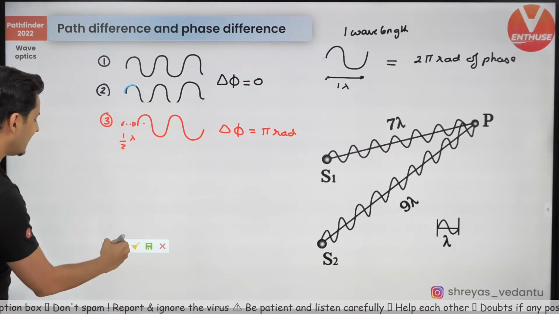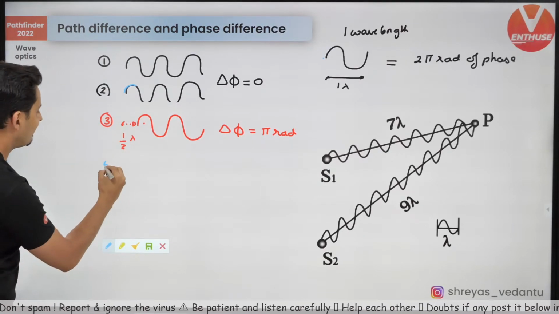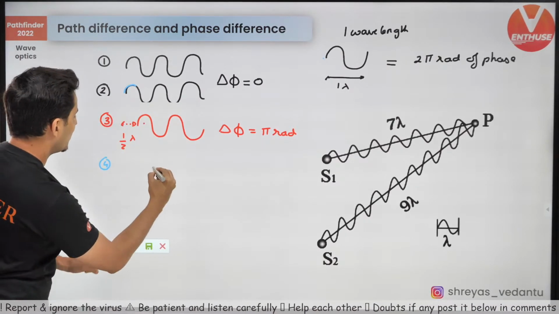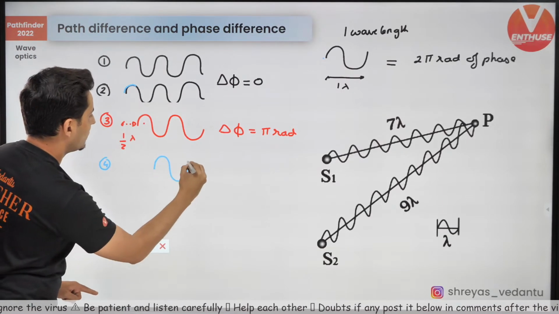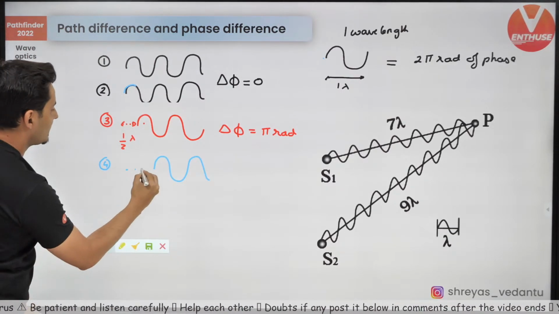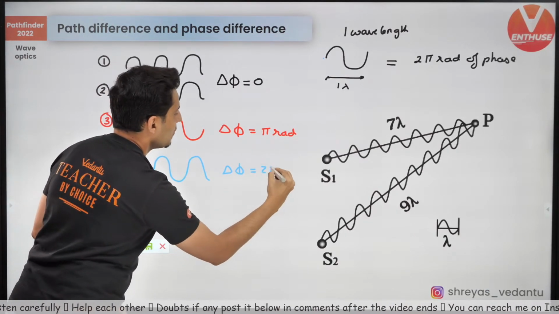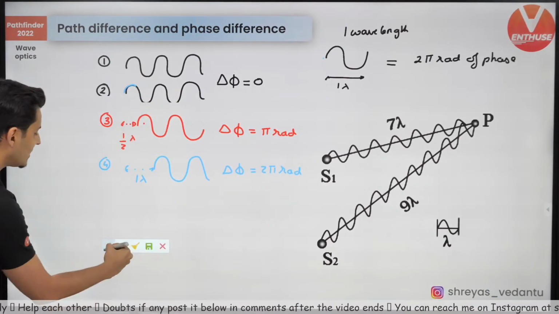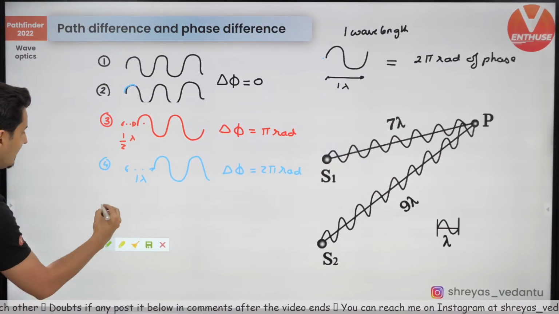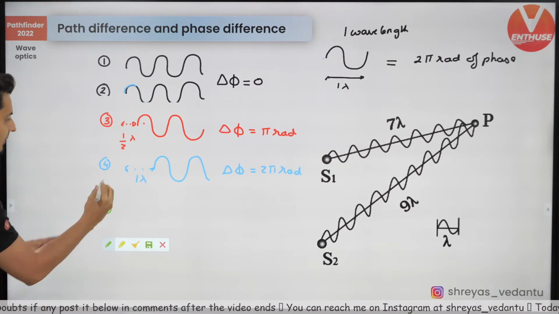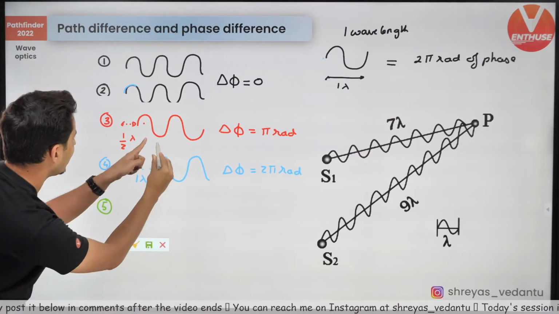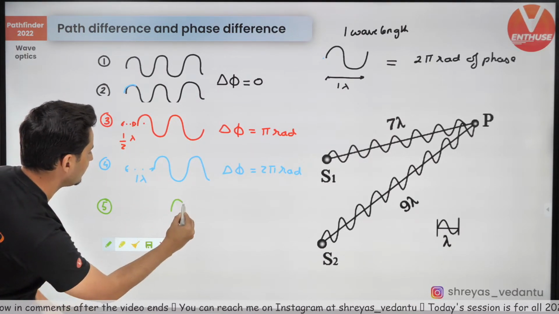If you shift it further by another half wavelength, you get this over here. So this is 1 wavelength and the phase difference becomes 2 pi radians. Now shift it even further, by another half of a wavelength, for the fifth wave. You start it right over here.